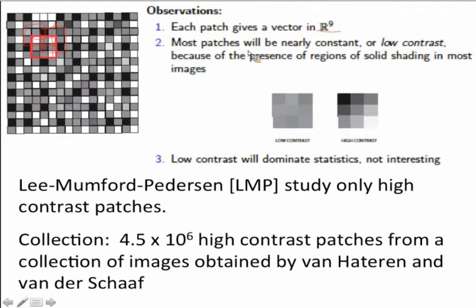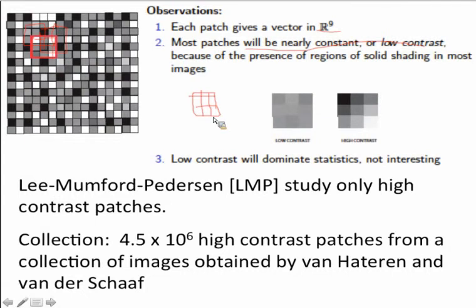Most of the patches will actually be low contrast. If you take a look at the screen, in my picture there's a 3 by 3 pixel patch right here. But it's a rather boring 3 by 3 patch because it's all white. It's very low contrast.